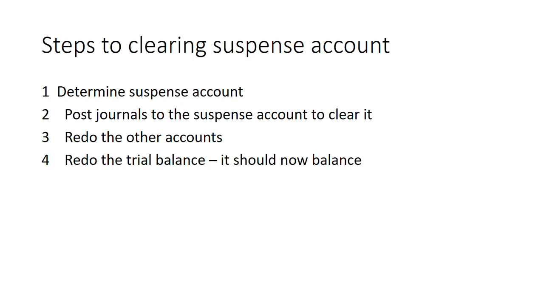Question C. Purchase returns of £75 have been debited to purchase returns account and credited to the purchase ledger control account. So in here, we've got an error that is just the wrong way around. So what we're going to have to do is reverse the first one. So we're going to debit the purchase ledger control account £175 and credit purchase returns £175, and then we're going to put the correct one in.